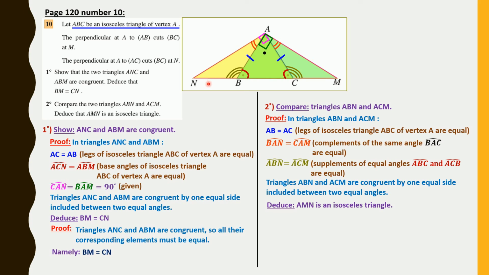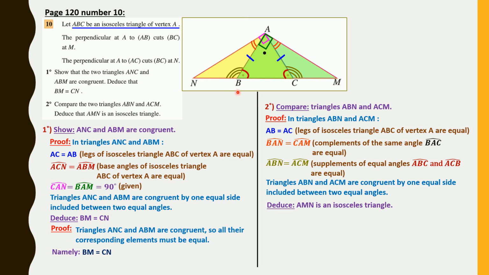Also, we can prove it another way. We can also claim easily that angle ANM equals angle AMN because they both represent two corresponding elements in these two congruent triangles ABN and ACM that we just proved are congruent.